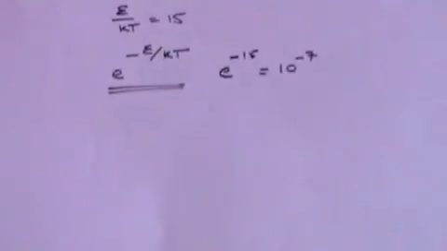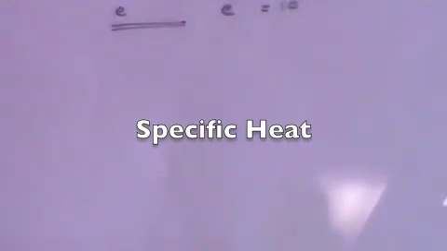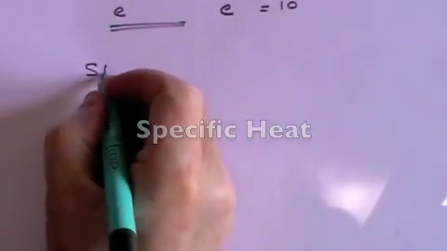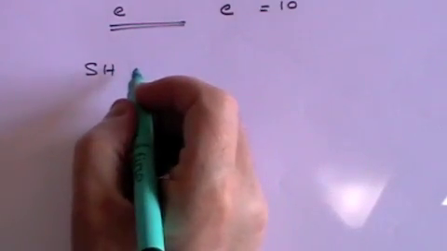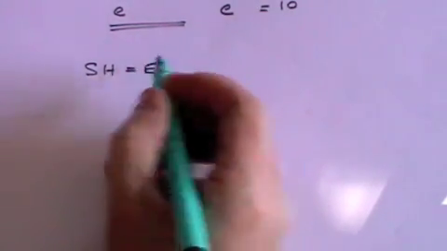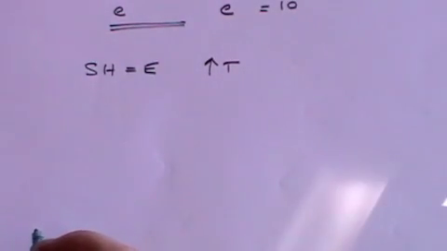Finally, I want to look at the subject of specific heat. Specific heat is energy, and it's the energy required to make the temperature increase or indeed decrease. You put energy in to get the temperature to go up, you take energy out to get the temperature to go down.